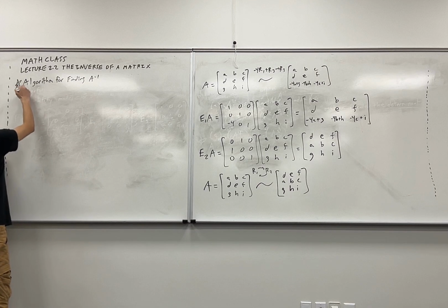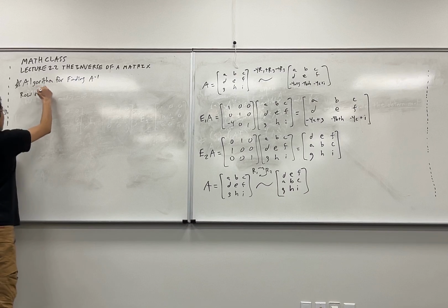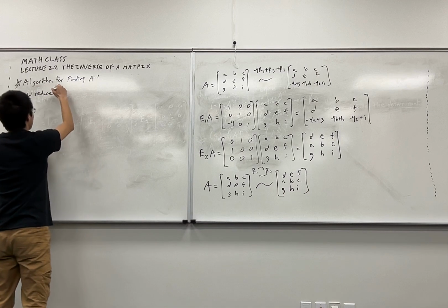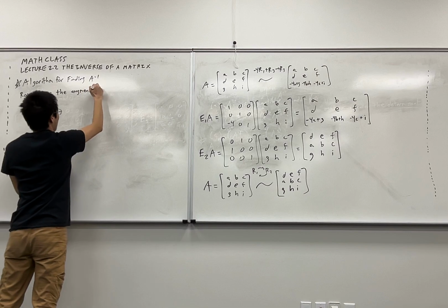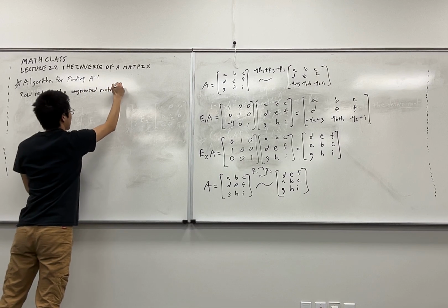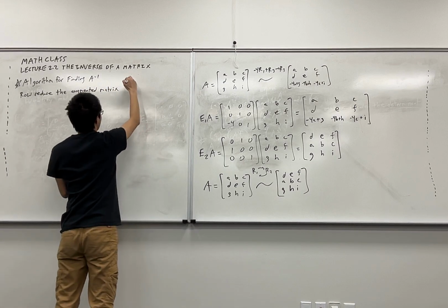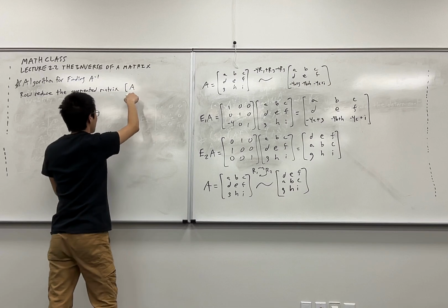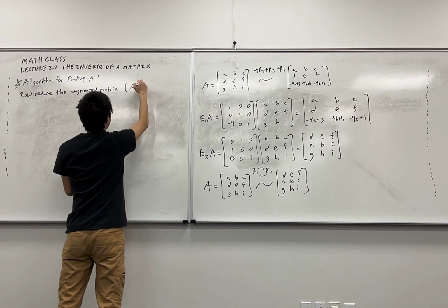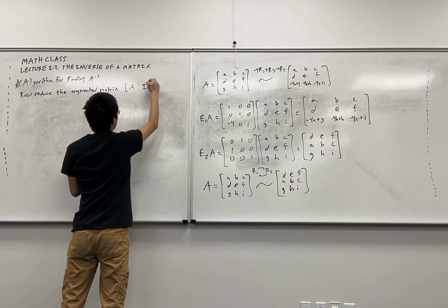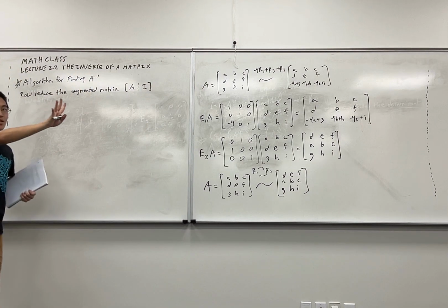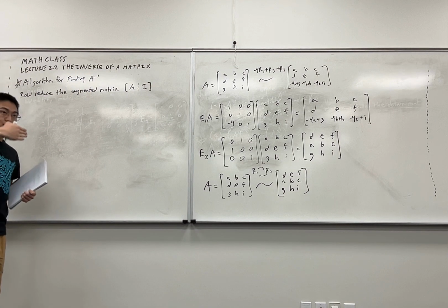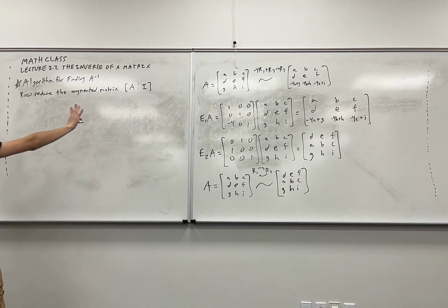Row reduce the augmented matrix. Now this is going to look a little different than what you're used to for what we mean by an augmented matrix, but it'll be your matrix A, and then these dots are optional, but I like to keep them in there to make it straight. Generate the corresponding identity matrix all the way on the other side. So it's not just a single column anymore, it's like a whole double panel, like if you have 2 screens open on your laptop kind of thing.